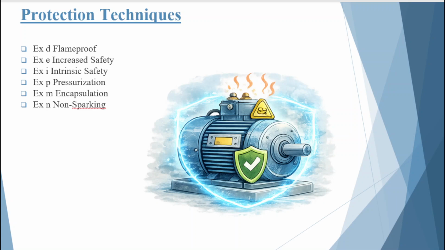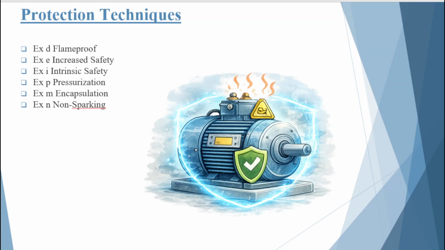Another method is Ex p pressurization. Here, the enclosure is continuously supplied with clean air or an inert gas at a pressure higher than the surrounding atmosphere. This prevents flammable gases from entering the enclosure.